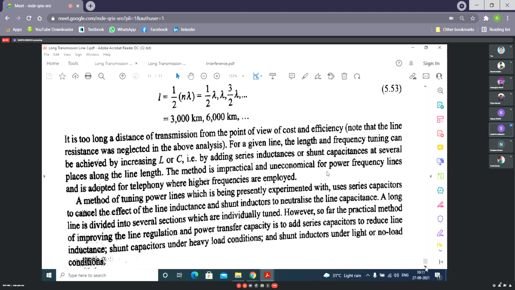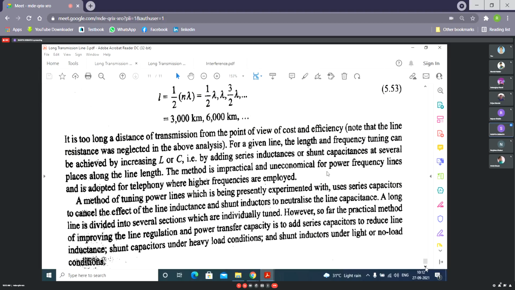Okay. So length for a given line, length and frequency. For a given line, the length and frequency tuning can be achieved by increasing L or C, by adding series inductances or shunt capacitances at several places along the line. Okay.